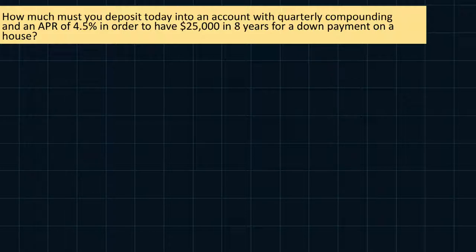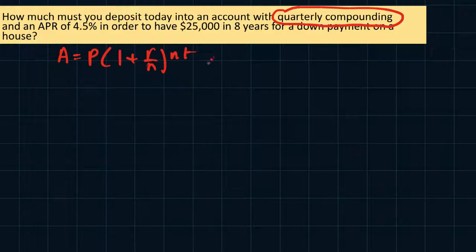So the first thing you'll notice is that it says quarterly compounding. Whenever you have an amount of compounding, that means you're using this formula here, let me write it down, P is A, 1 plus r over n to the negative nt.